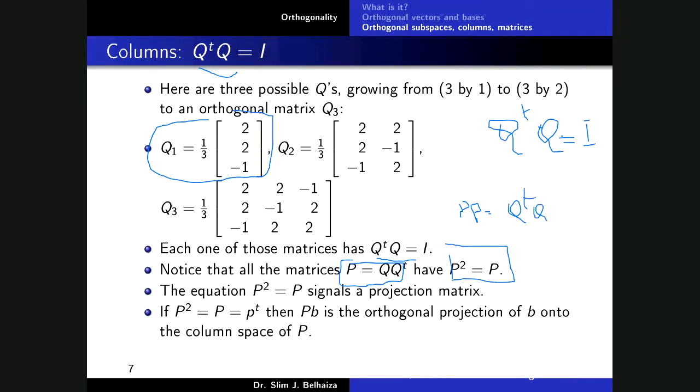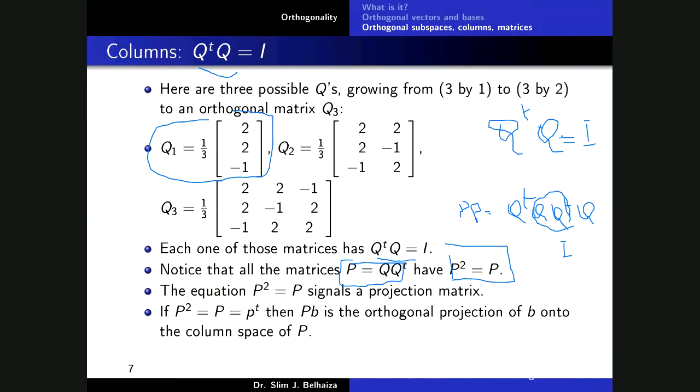Am I right? Now in the middle, this is nothing but I, so at the end you end up with just Q Q transpose. So P times P, or P squared, is just P. And the equation P squared equals P is what we call a projection matrix.